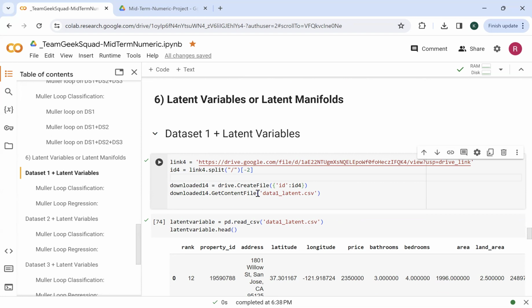Here we have taken the latent variables such as the natural walkability index to enhance our model's predictive power.